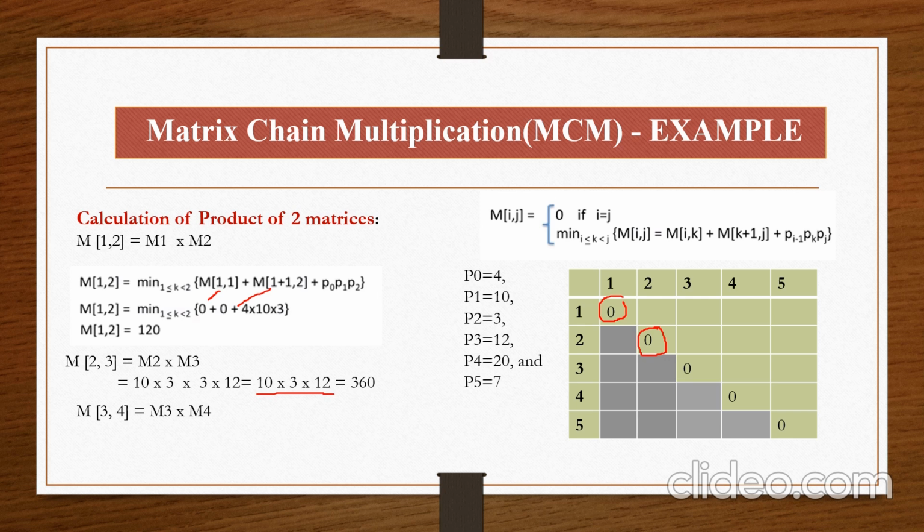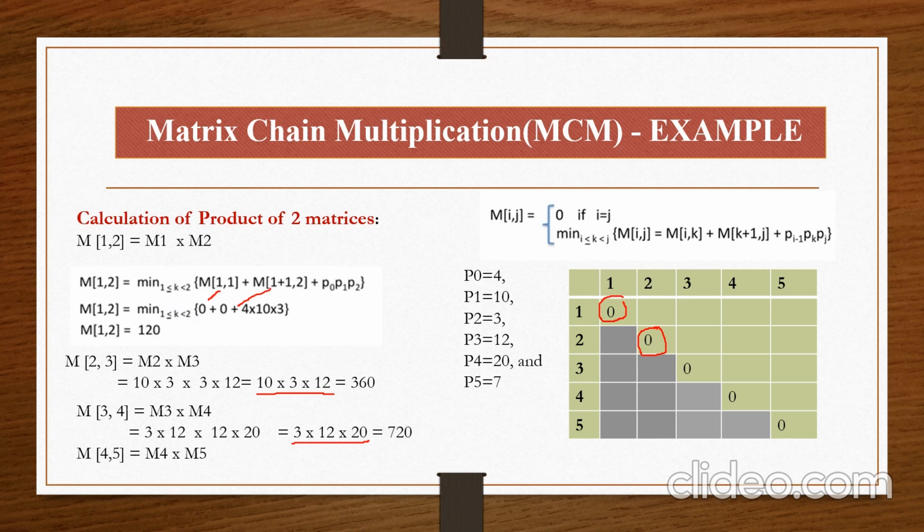Similarly, we need to find m[3,4] now. The two matrices' values will be 0, so straight away you can multiply the values of p2, p3 and p4 to get 720. And the last one is m[4,5].